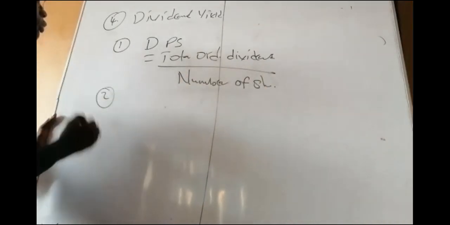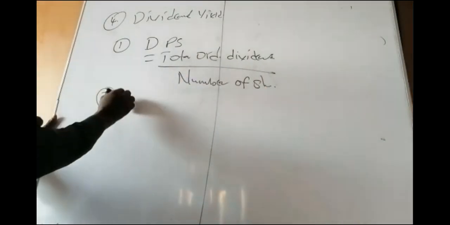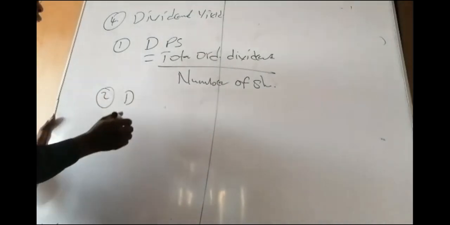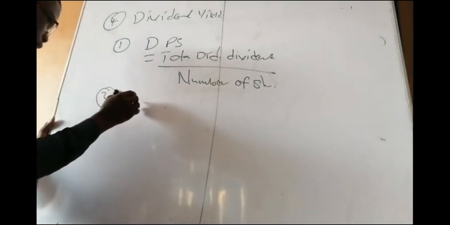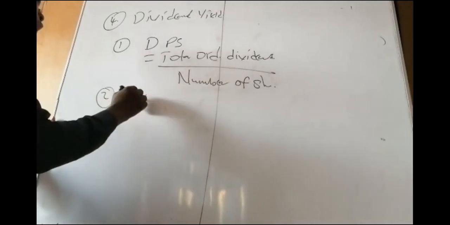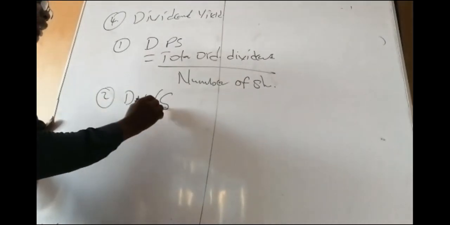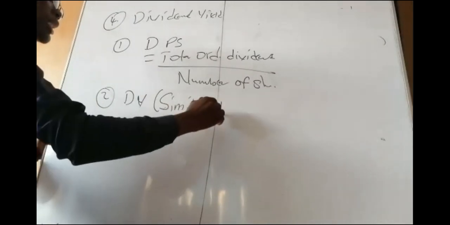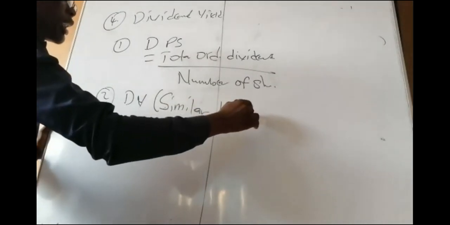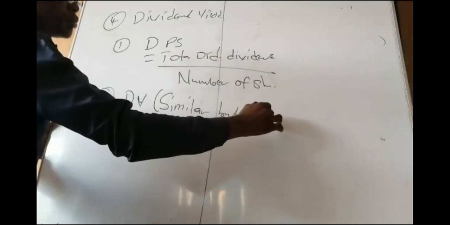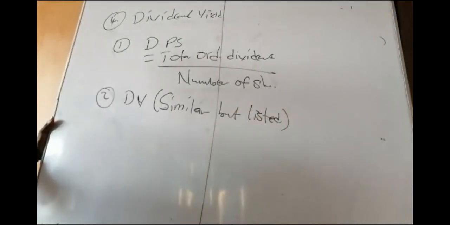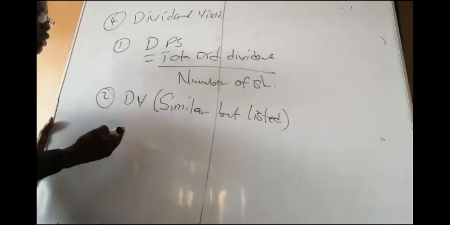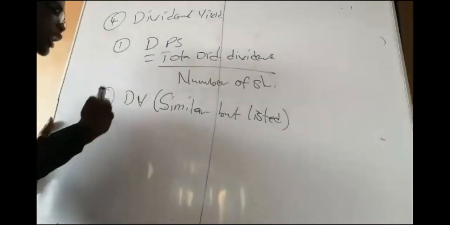Step 2, get the dividend yield of a similar company, but it must be a listed company. Then here too is a yield, so you scale the risks, then you assume risks.